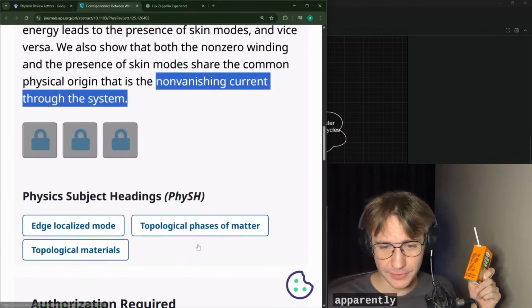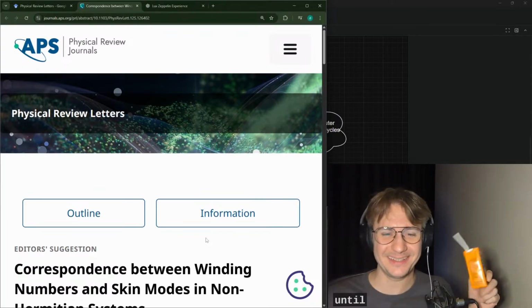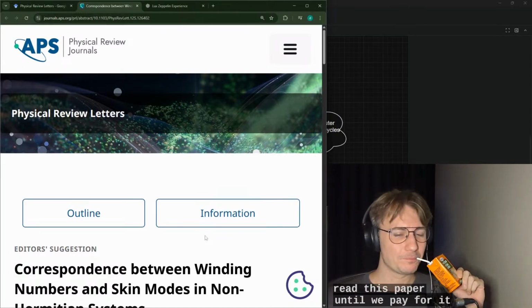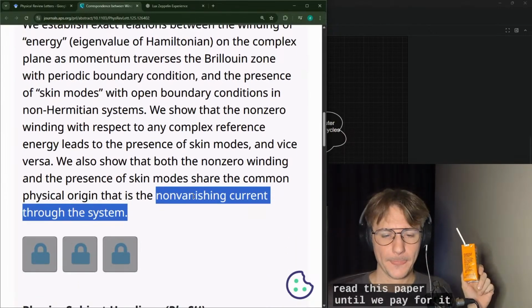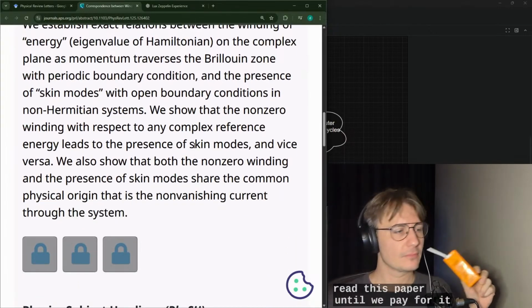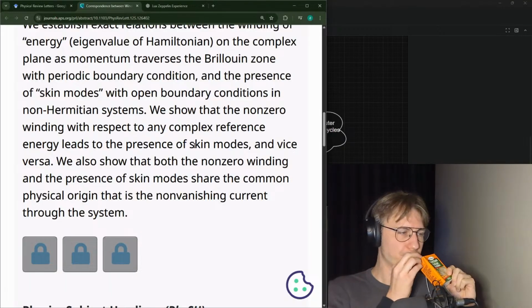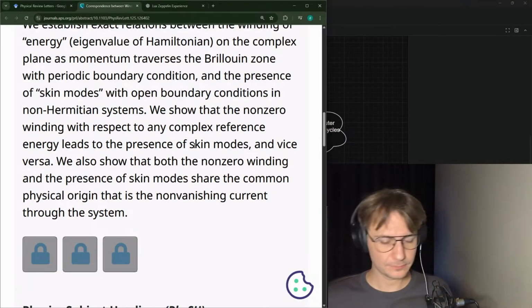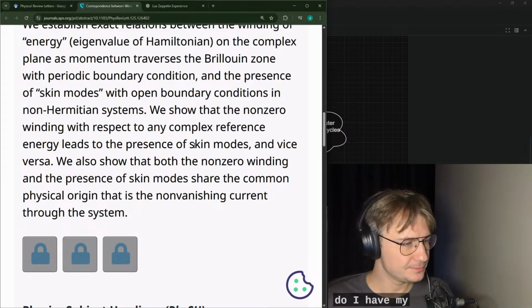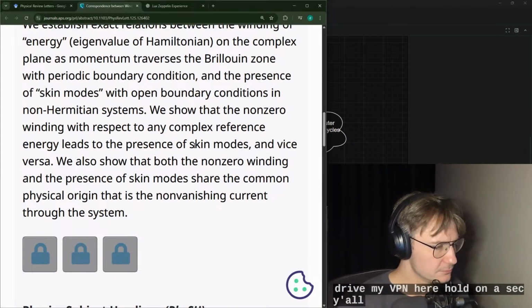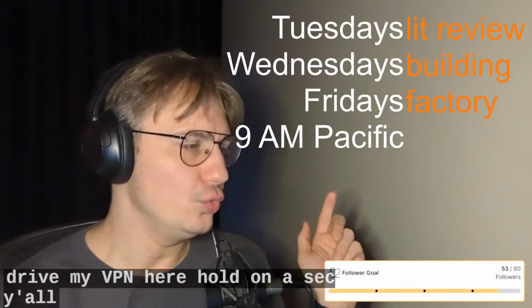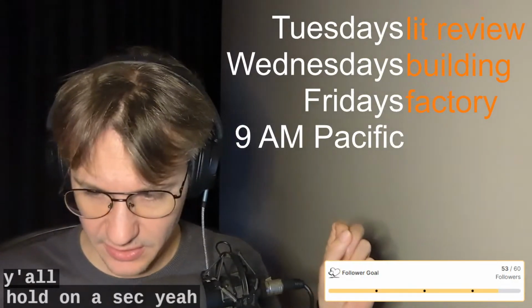Apparently we're not allowed to read this paper until we pay for it. Do I have my VPN here? Hold on a sec, y'all. This one is funky. I like this.